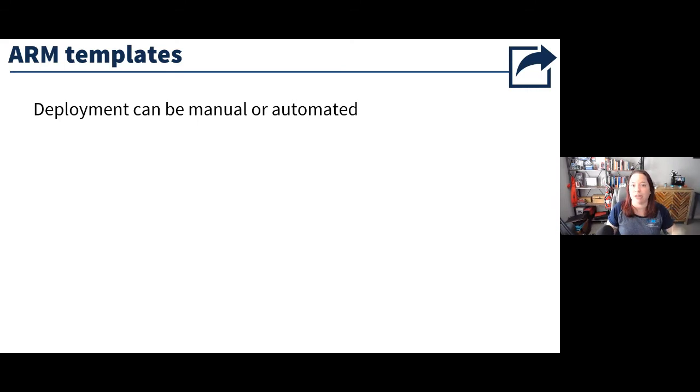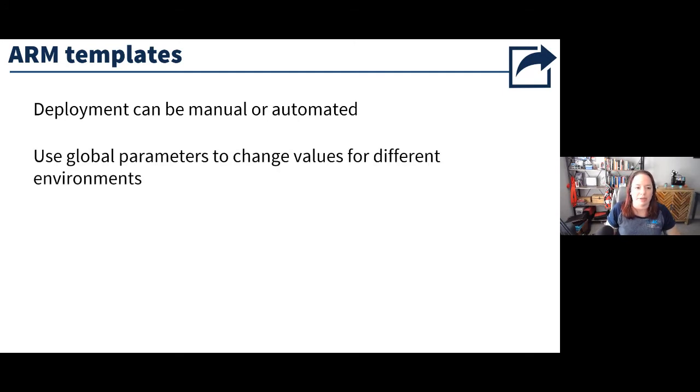When you deploy a data factory, it's all your pipelines, your data sets, your linked services. They're all in your ARM template. And you can use global parameters. I think those got added maybe last year to change values. So you have a dev data lake and a prod data lake. You need to change the connection string. You could use a global parameter for that with your ARM template because your global parameters are visible in the ARM template.